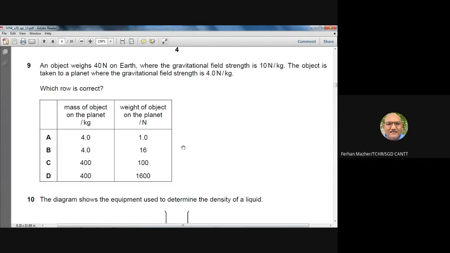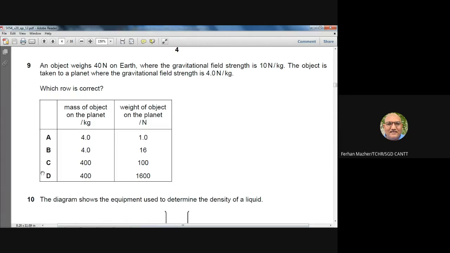And we know the g value on that planet, that is 4 Newton per kg. Weight is equal to mg. So if the mass is 4 and the g value is 4, multiplying gives 16 Newton. B is the option, and we have checked it already, it's right.